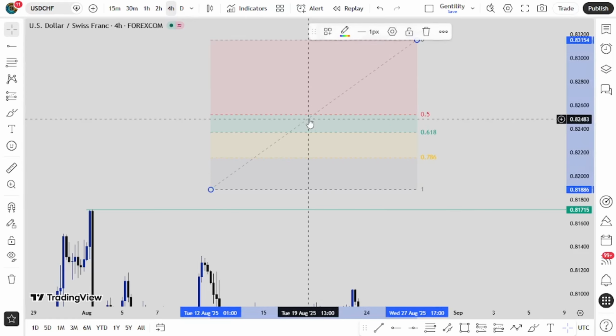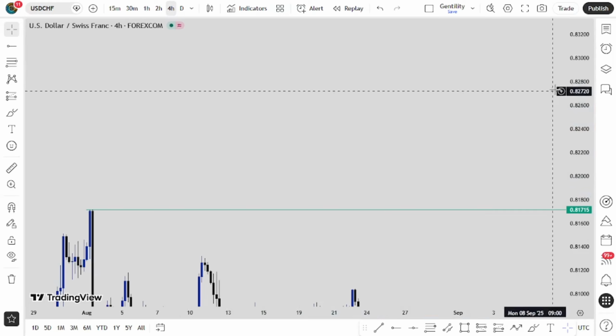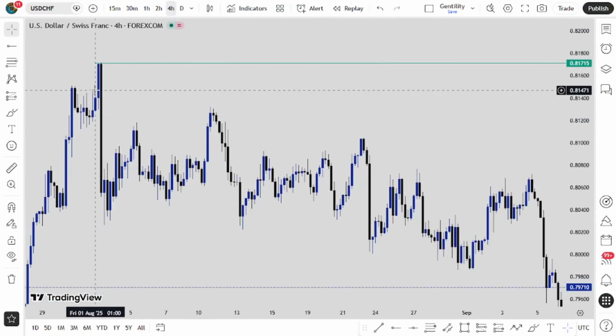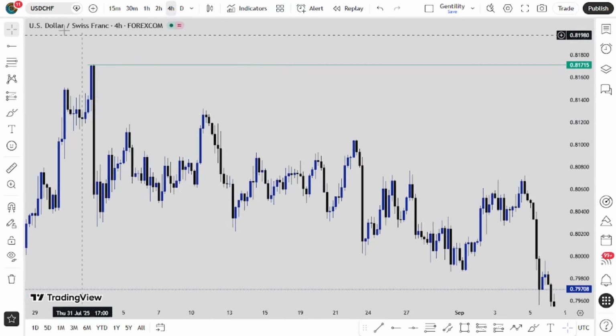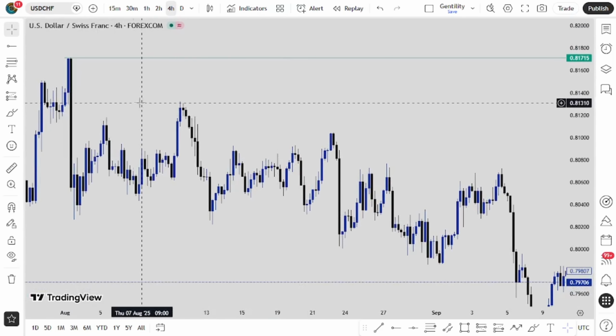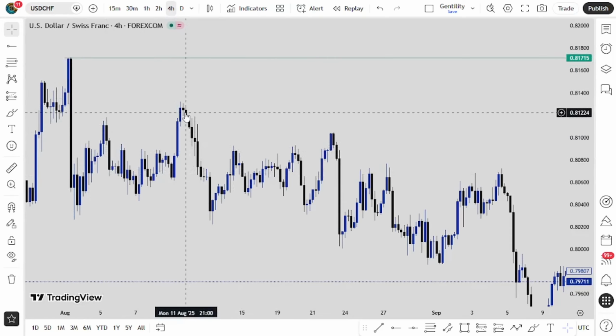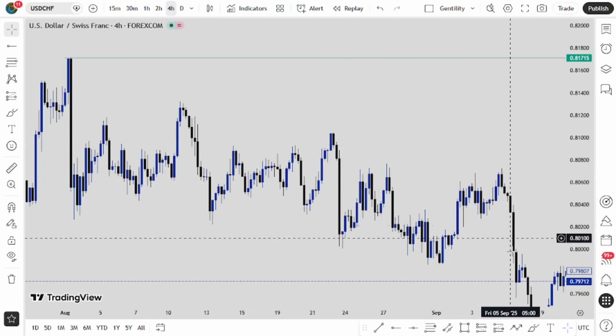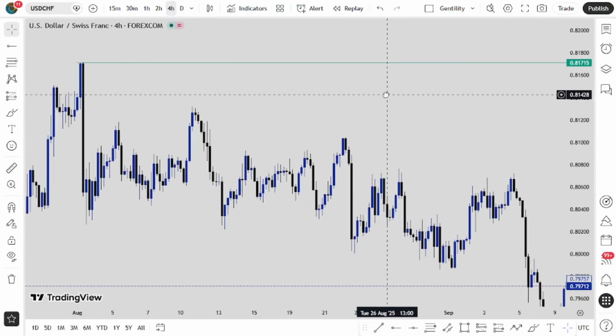Now let us give a quick example. Whatever I'm going to explain here is also applicable to an uptrend. Now this is a chart on USD CHF, the 4-hour time frame, and as you can see, price is consistently giving us a lower high, lower low, lower high, lower low, lower high, lower low, and so on and so forth.